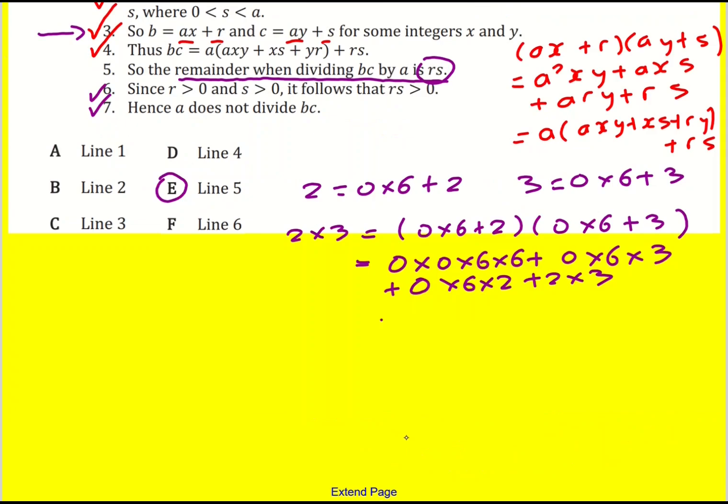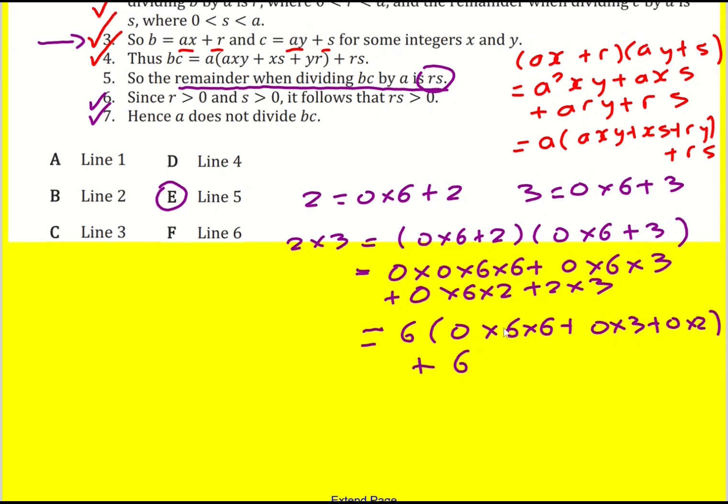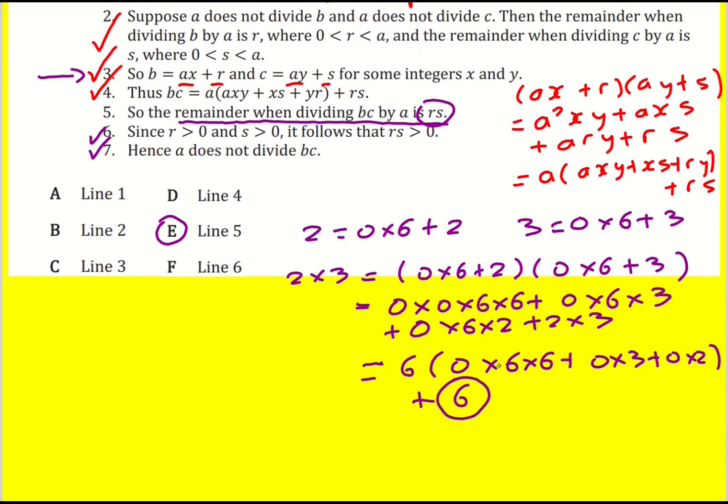Now I'm going to go to that step where they factorized it. They've taken a 6 out, and we've got 6 times 0 times 6 plus 0 times 3 plus 0 times 2, plus 6. That 6 is our RS.